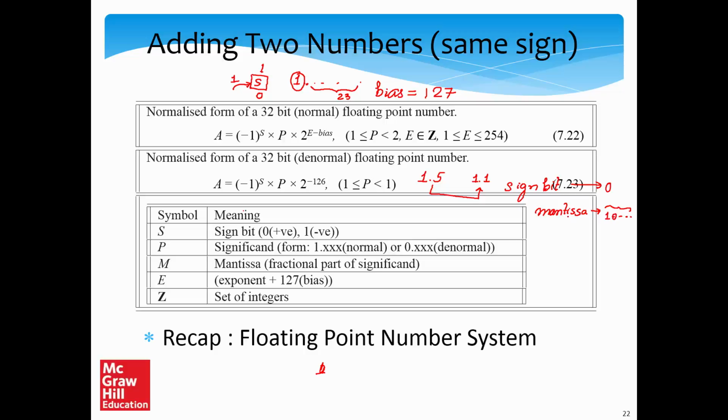After that, we'll save the exponent, which is stored in the bias notation. Here it's 1.5 times 2 raised to the power 0, so the real exponent is 0. So we set e as 127, such that the real exponent is 127 minus the bias, which is 0.